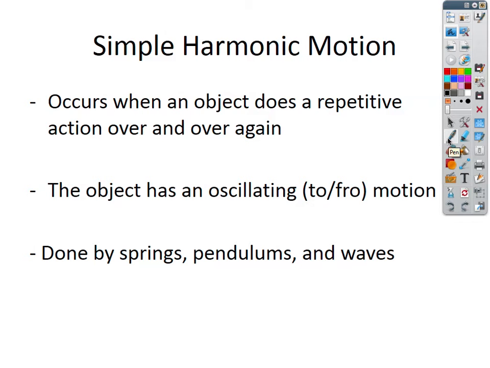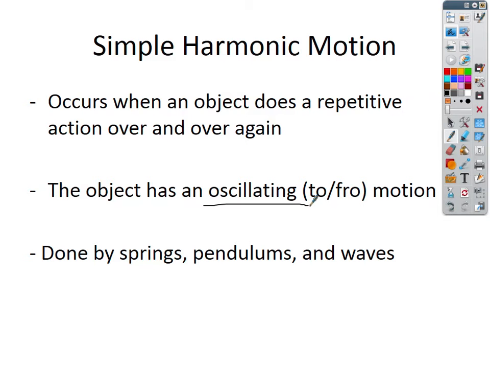We will primarily look at situations where friction is not involved, so it's something that will continue on forever. It'll just keep going and going all the time. As it goes back and forth, there won't be any energy loss. But one of the key words already is oscillating, and an oscillation is one complete entire motion. Somebody on a swing, that would be where they're at the very back of the swing.